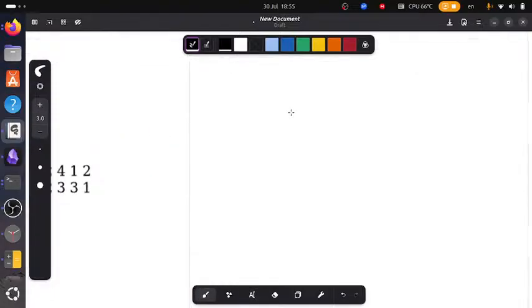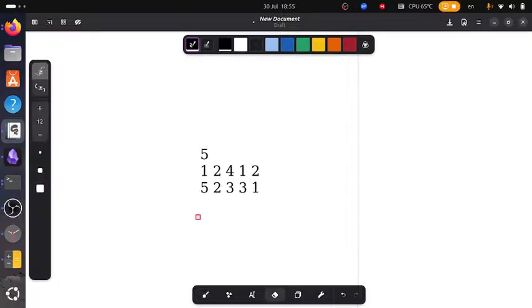So in this case, this is 1. 1 minus 5 is minus 4. 4 minus 3 is 1. 2 minus 1 is 1. So in this case, these two should be the answers, which is I equal to 1, 2, 3.